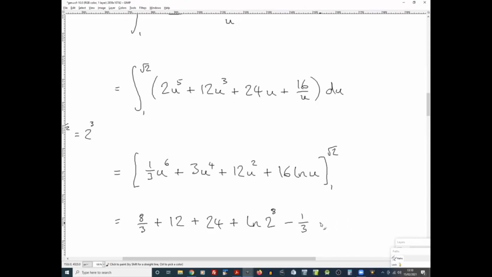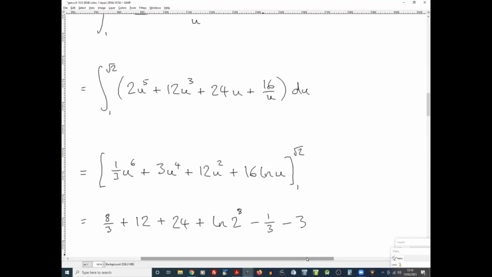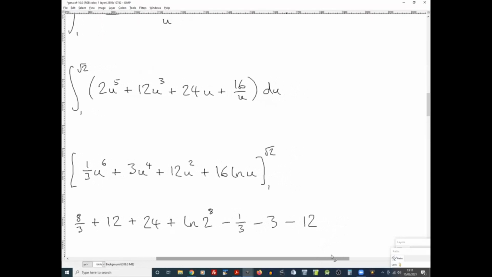Then 3 plus 3. Minus 3 in your case. Yes. And then 1 squared, 12 plus 12, plus ln 1, which is, remember, 0.